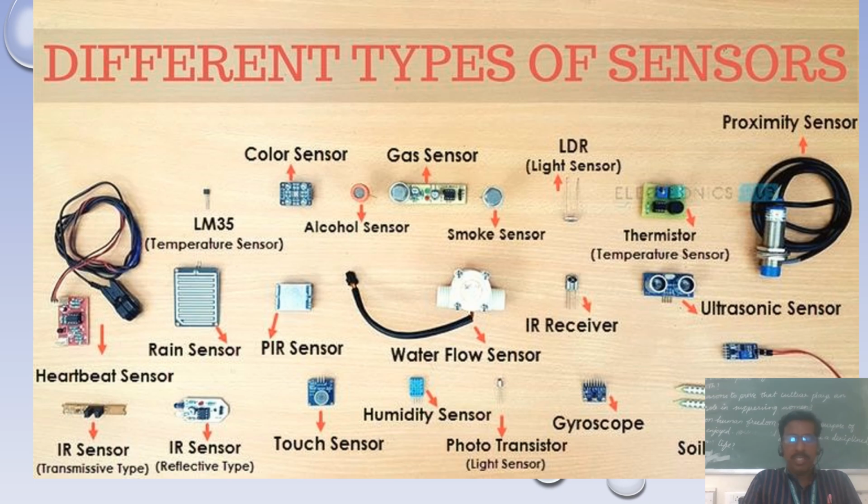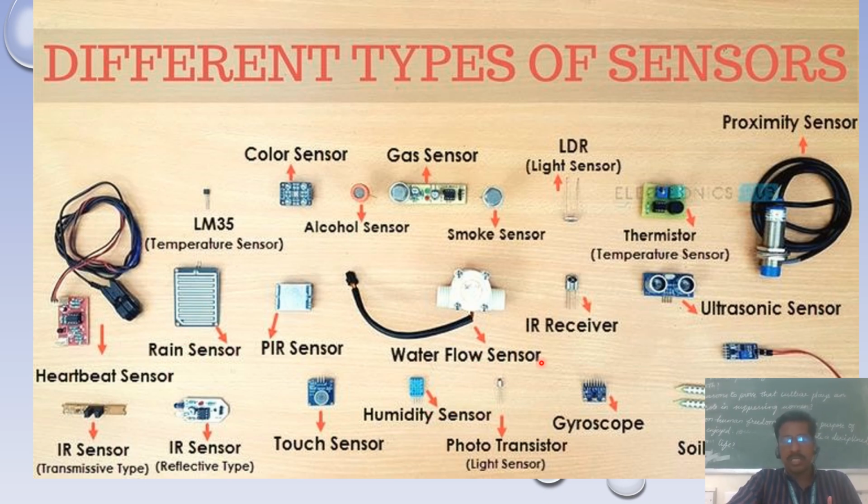Let us see some different types of sensors that can be used in generating different types of projects and applications. So there are color sensors, gas sensors, LDR, temperature sensor, alcohol sensor, smoke sensor. You can see a rain sensor is also available here.